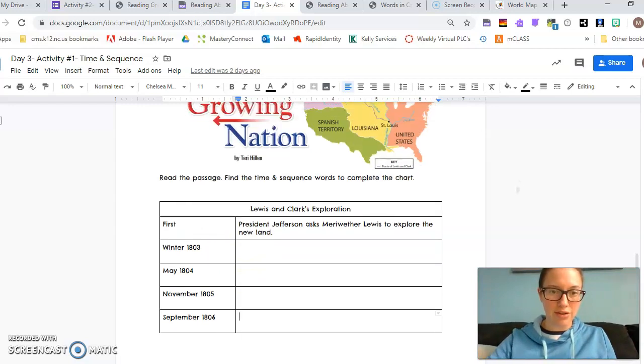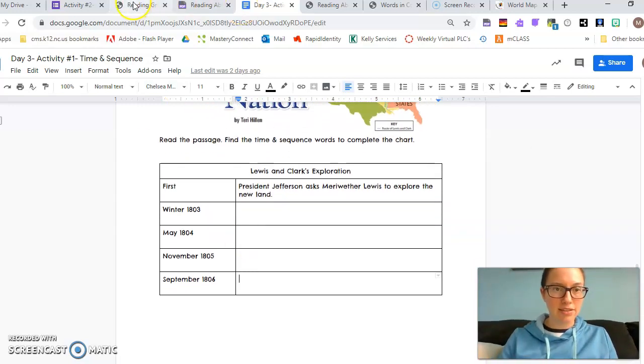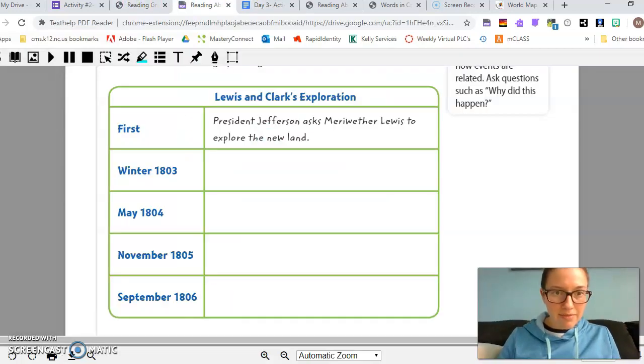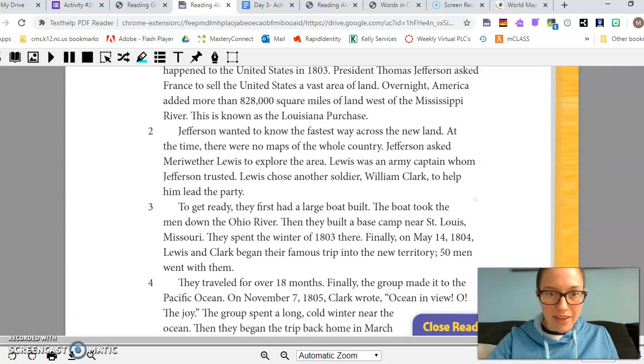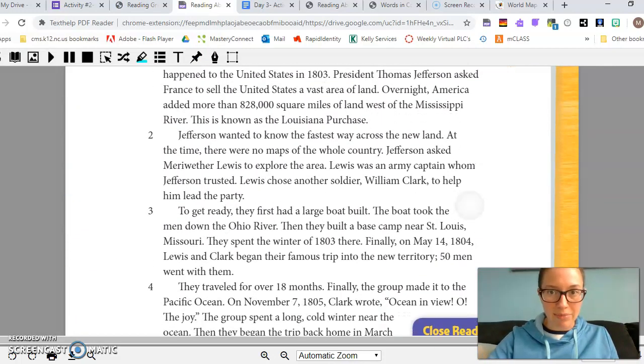So in winter of 1803, I go back to my text. What happened? After President Thomas Jefferson bought the land in 1803, what did he do? And I see right here, winter of 1803. So then, what happened then?